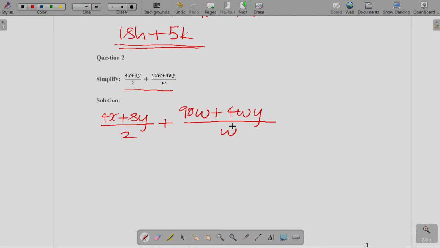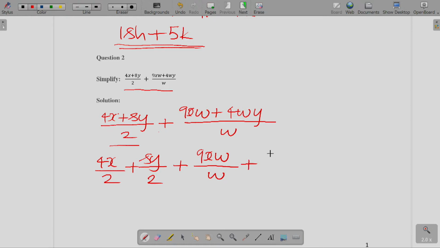The second step is to simplify each part. Let's start with this part. It can be simplified as follows. We'll have 4x divided by 2 plus 8y divided by 2, plus 9xw divided by w, plus 4wy divided by w.